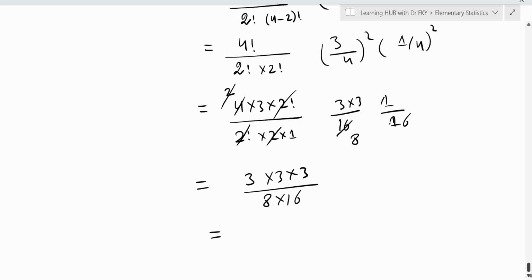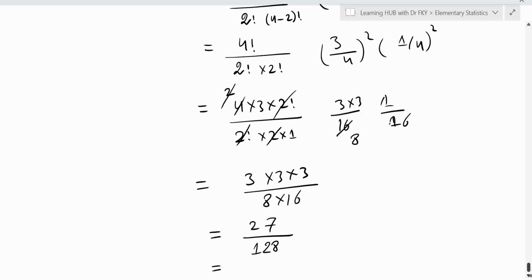So you can solve this probability easily, that this is 27 divided by 8 times 16, 128. You can solve this simply by using a calculator.